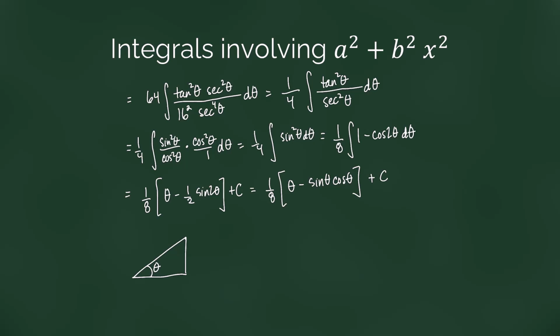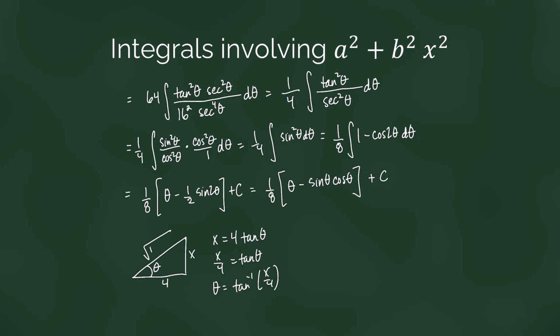We know that x was equal to 4 tangent theta, which means that x over 4 is the tangent of theta. So since tangent is opposite over adjacent, we'll put x on the opposite side and 4 on the adjacent side. That is going to give us that theta is equal to the inverse tangent of x over 4.